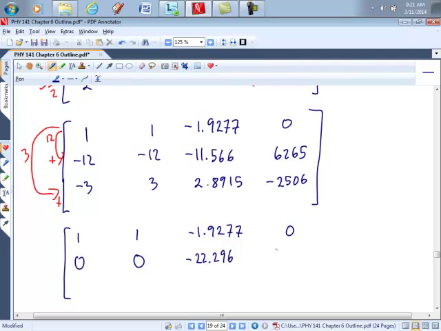Okay, and that's still going to be 6265. Right, and that's going to be 0, and that's going to be 6, and that's going to be negative something.